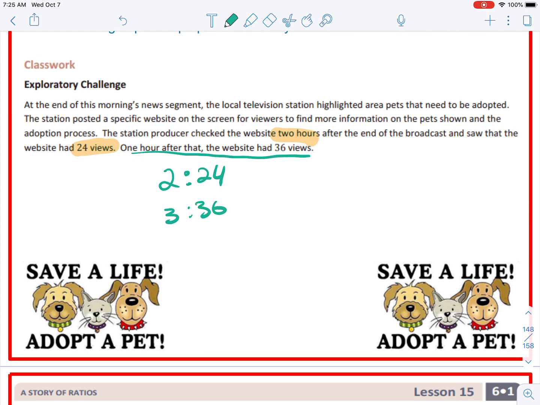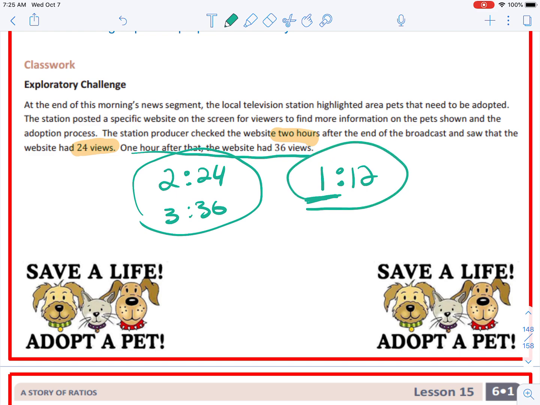So looking at these two ratios, what would be the reduced ratio, the smallest ratio? It would be 1 to 12. Okay, we need to figure out how many views they had in 1 hour. Well, if they had 24 in 2 hours, in 1 hour they're going to have 12. Okay, so write down 1 to 12 somewhere and keep that in mind, okay?